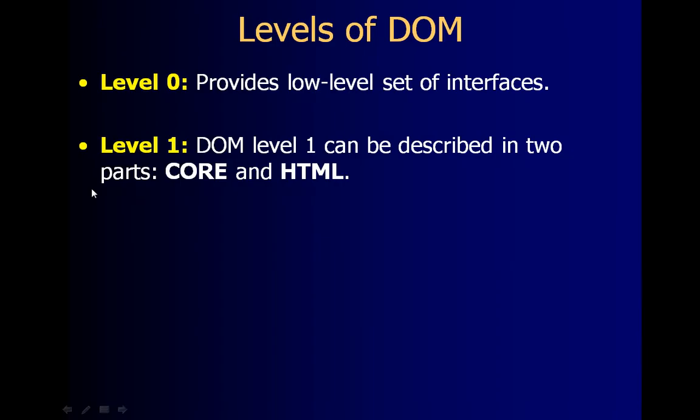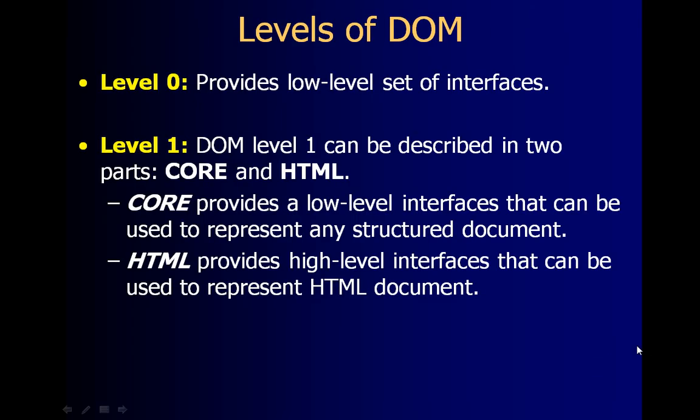Level 1 provides both level 0 and an advanced version. It has two parts: Core provides low level interfaces, that is level 0, and HTML provides high level interfaces that can be used to represent HTML documents.